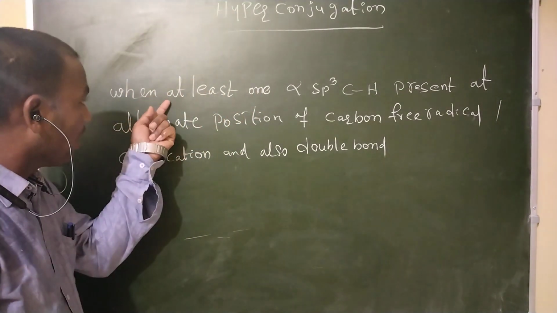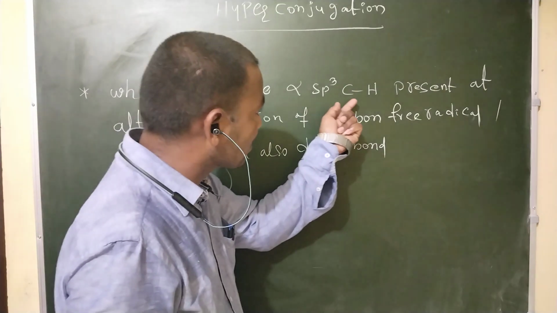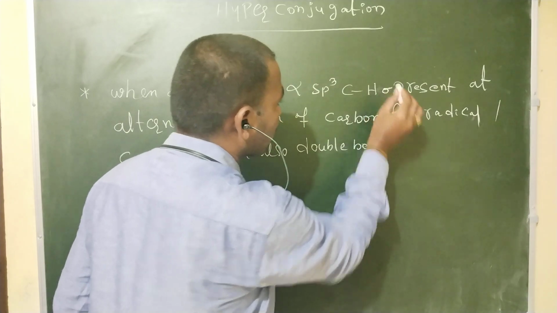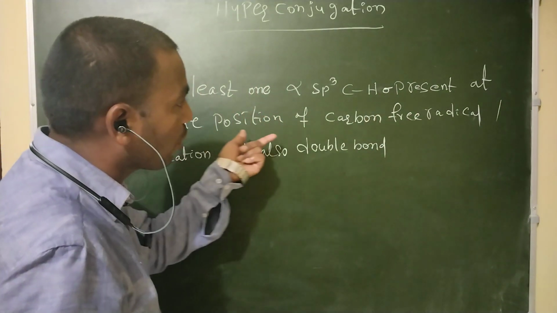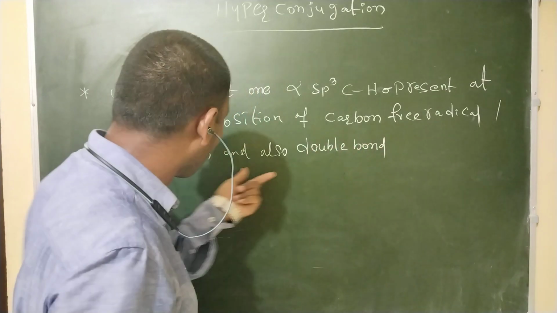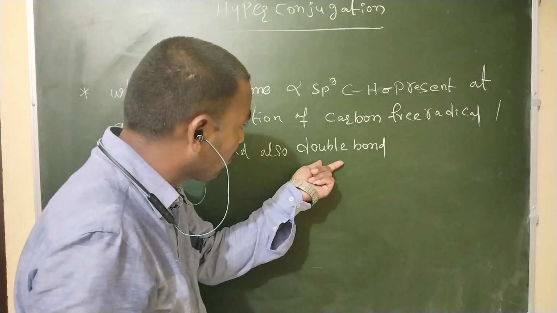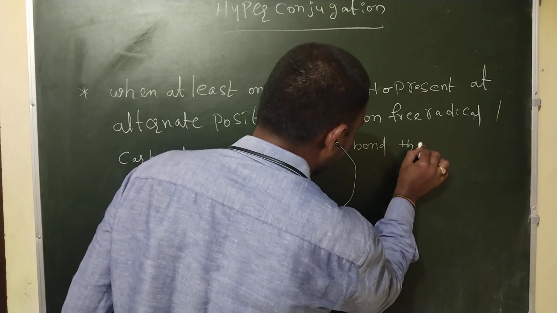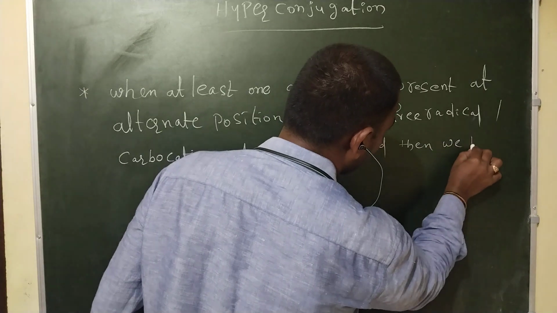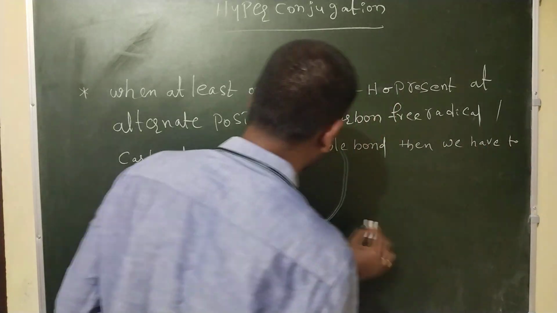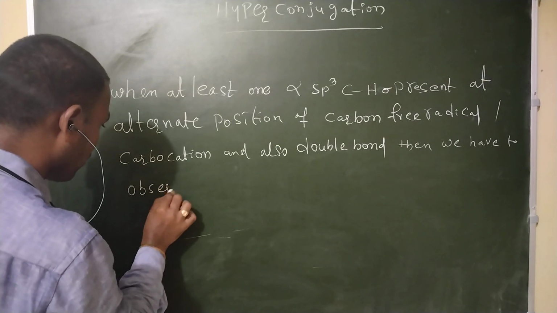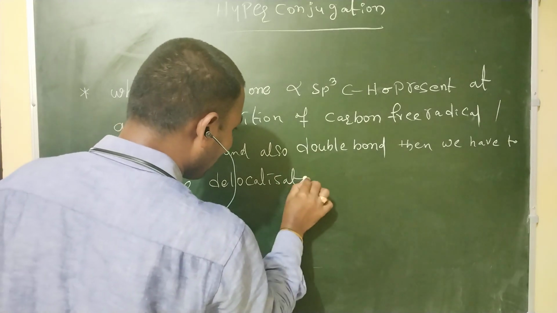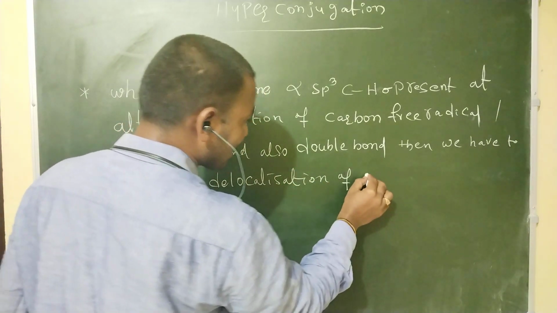Okay, now what I am saying: when at least one alpha CH sigma bond is present at alternate position of a carbon free radical, carbocation and also double bond, then we observe delocalization of the sigma bond.